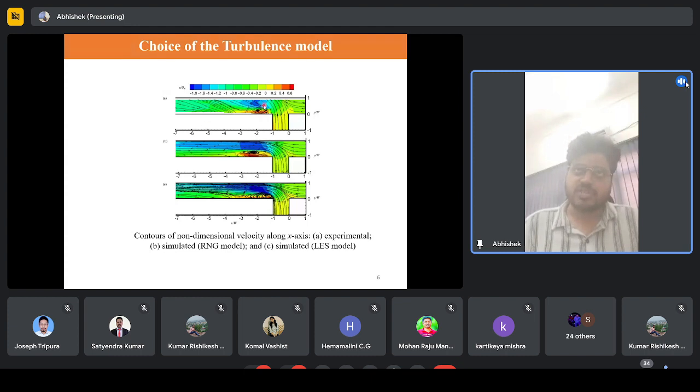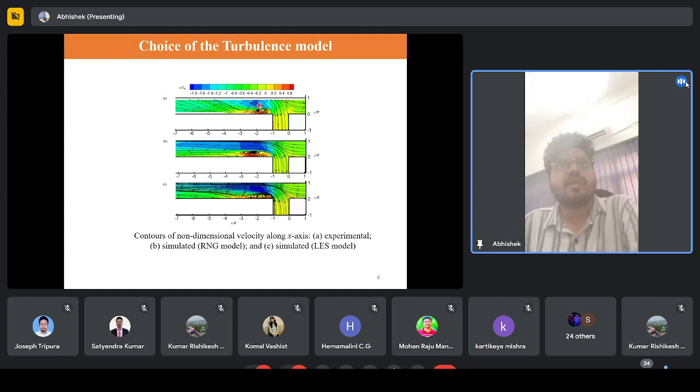You see the maximum velocity zone here, which has maximum magnitude, and there is a formation of a flow separation zone here. Because the experimental data are limited, the recirculation zone is limited, but still you can discern that there is a formation of a recirculation zone here.